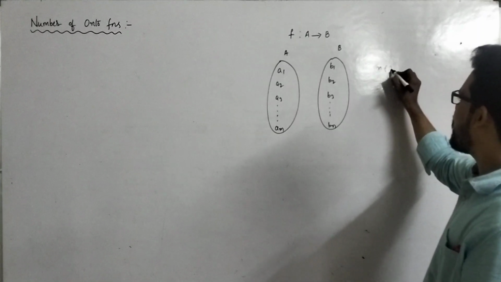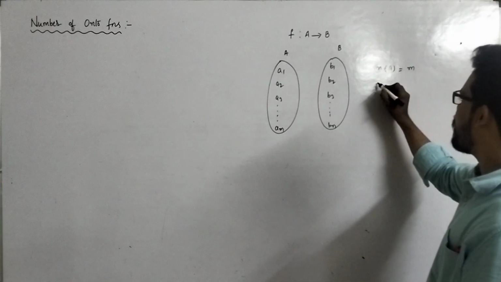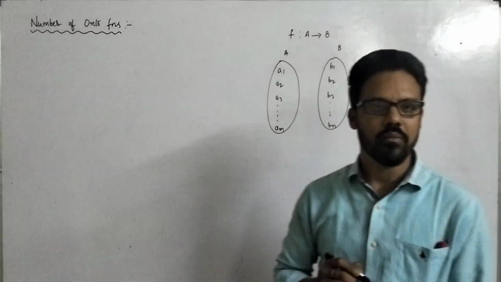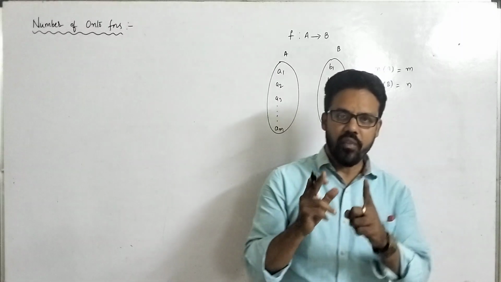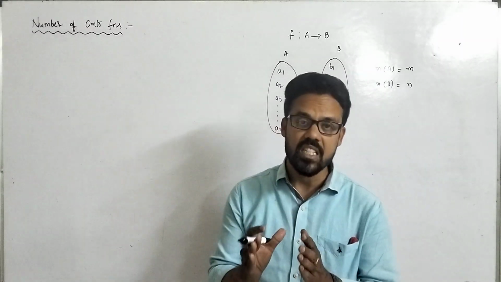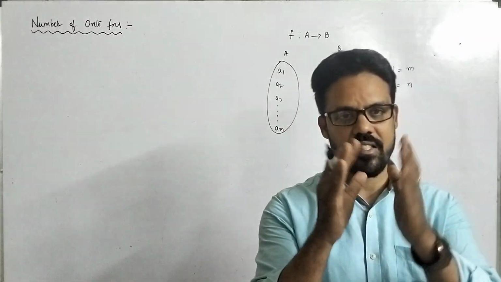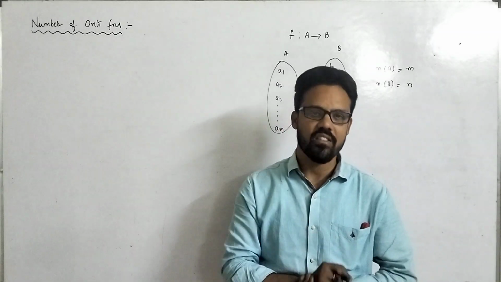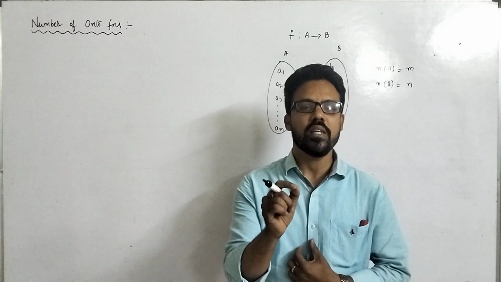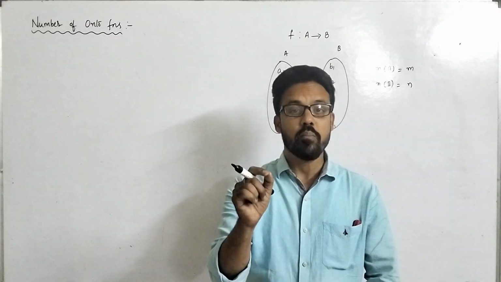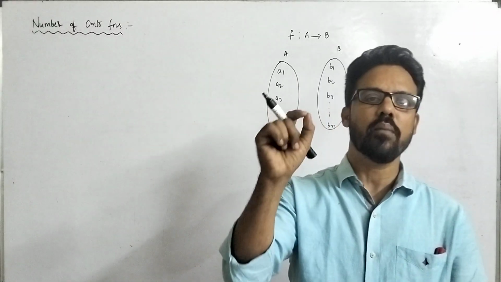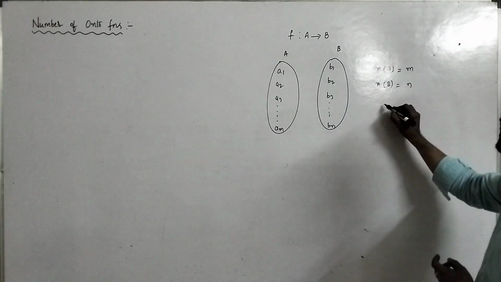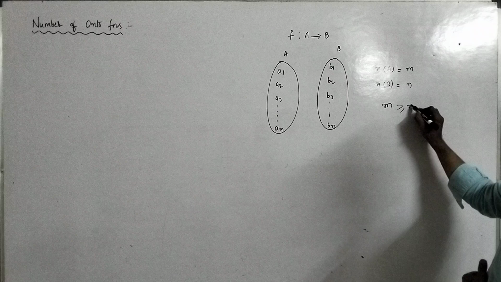Now clearly, n(A) is equal to m, n(B) is equal to n. Now, I am going to find out how many such onto functions exist. For that, the basic criterion is that the number of elements of set A should be greater than or equal to the number of elements of set B. That means m should be greater than or equal to n.